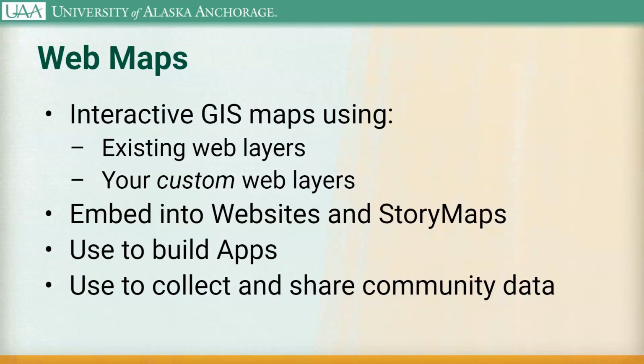So a web map can have existing web layers embedded into it. You could add the GINA best available data layer if it starts working again to your map and have that be embedded in your web map to place your data over.